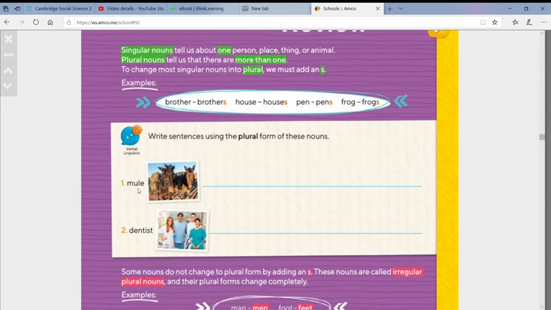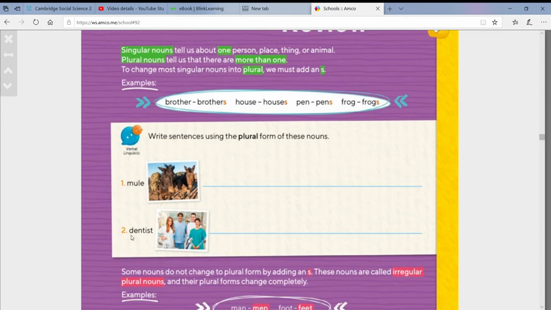So to write the plural, all we need to do is add an S. So you're going to write a sentence. So for example, I can see two mules with an S. Or you can write, there are two mules.